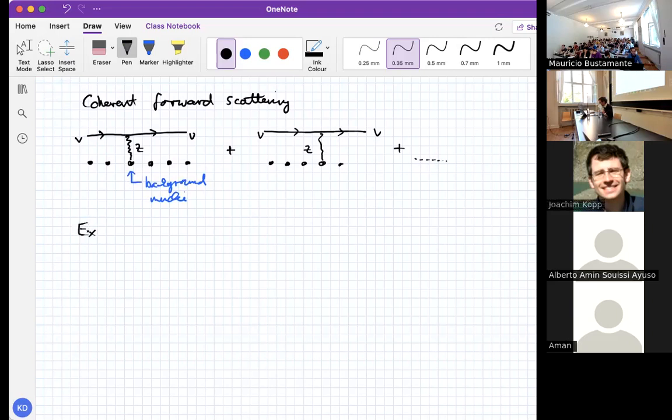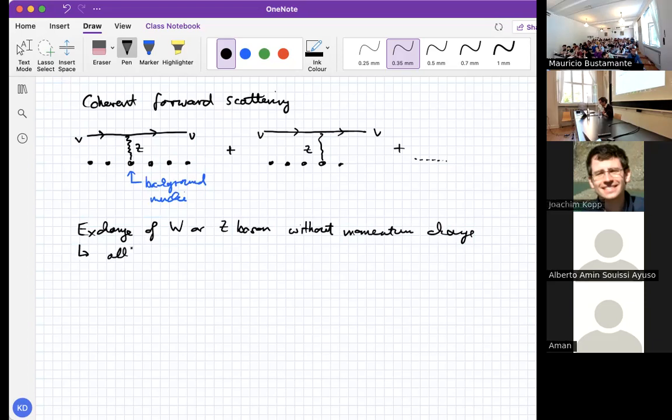So coherent forward scattering is an exchange of a W or Z boson without momentum change. And therefore, all background particles contribute coherently.